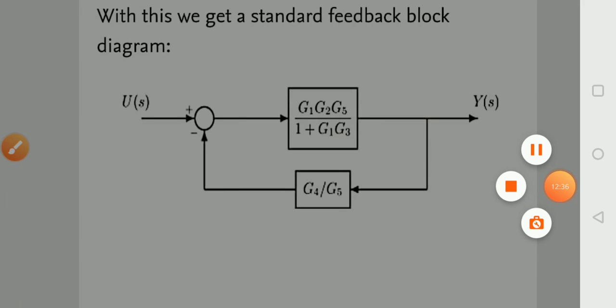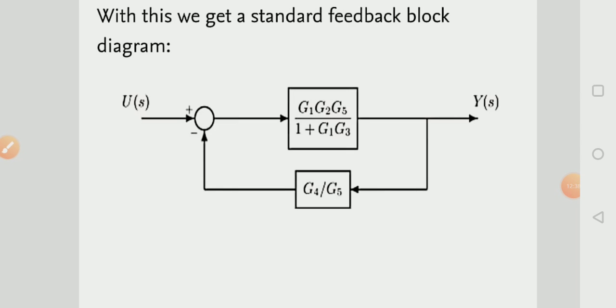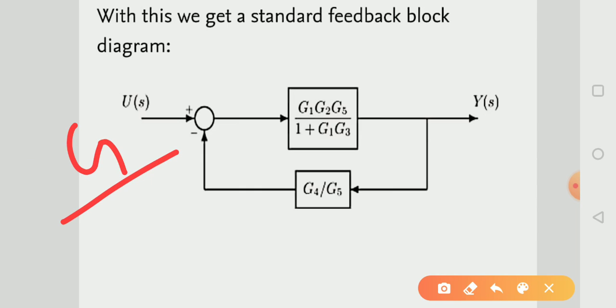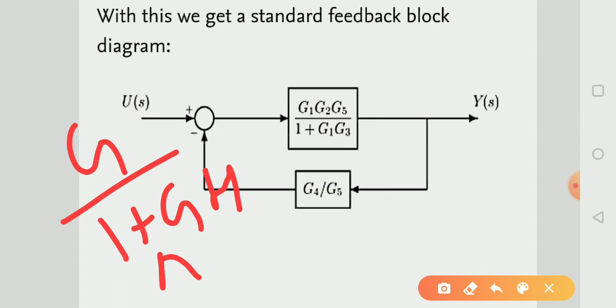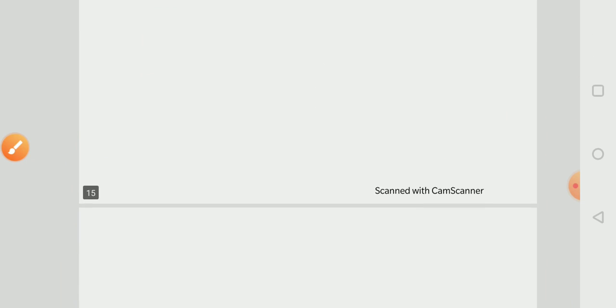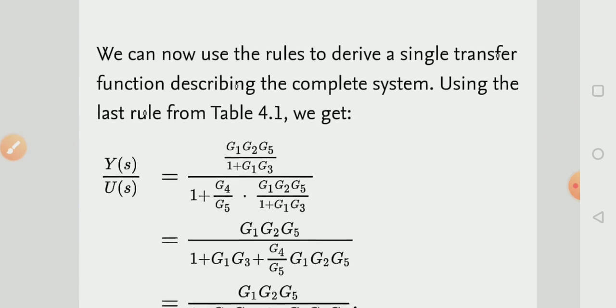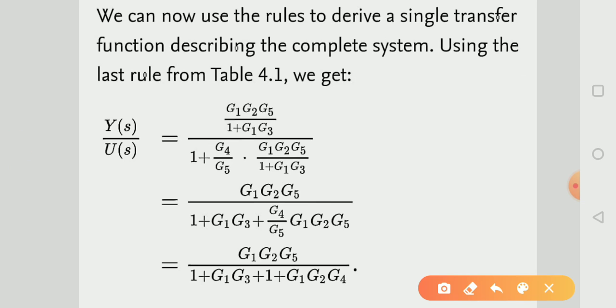So if we apply the formula G over 1 plus GH, because we use here a negative feedback loop, then the gain of the system becomes G1 into G2 into G5 upon 1 plus G1 into G3 plus G1 into G2 into G4.